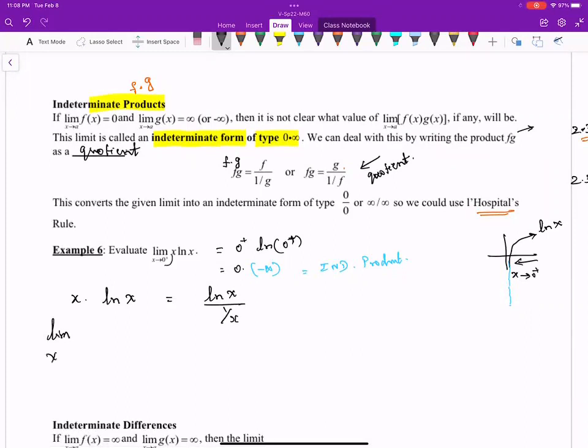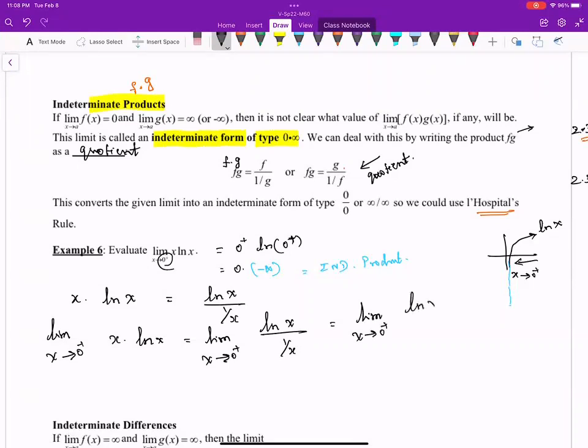This is x approaching 0 from the right side, x times ln x, which is the limit as x approaches 0 from the right of ln of x over 1 over x.